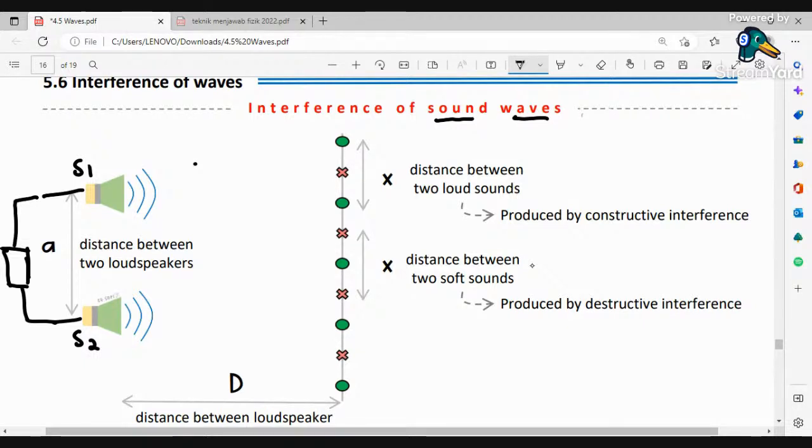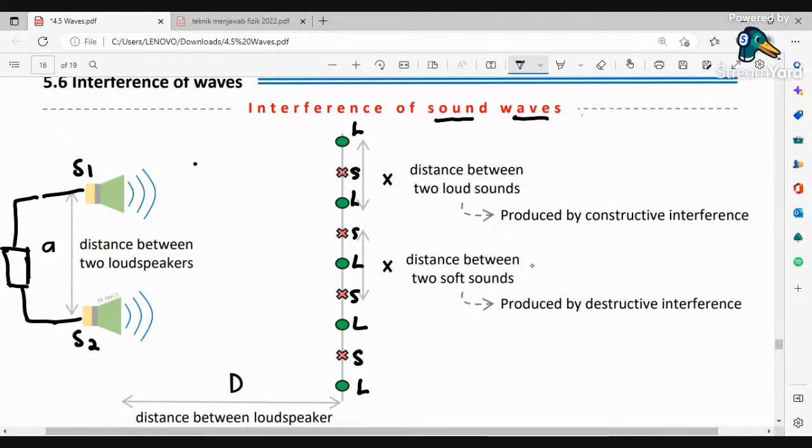So the sound waves also superpose and produce constructive and destructive interference. The green color is loud, the red X here is soft sound: loud, soft, loud, soft, loud, soft, loud.